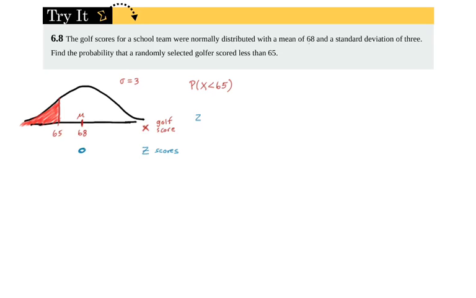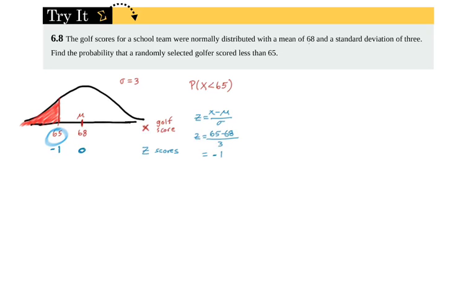Well, 0's in the center, and in order to get the z-score, if you recall, that's X minus mu over standard deviation, which in this case is going to be our data value, 65 minus 68 all over 3. And so that gives us a z-score of -1.